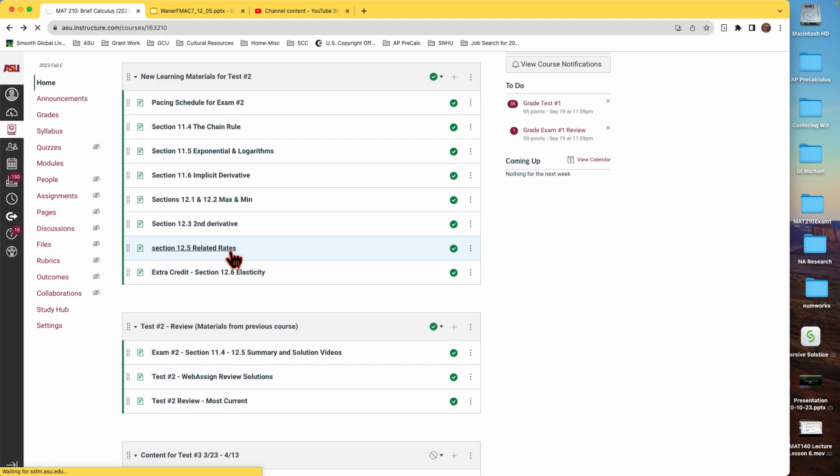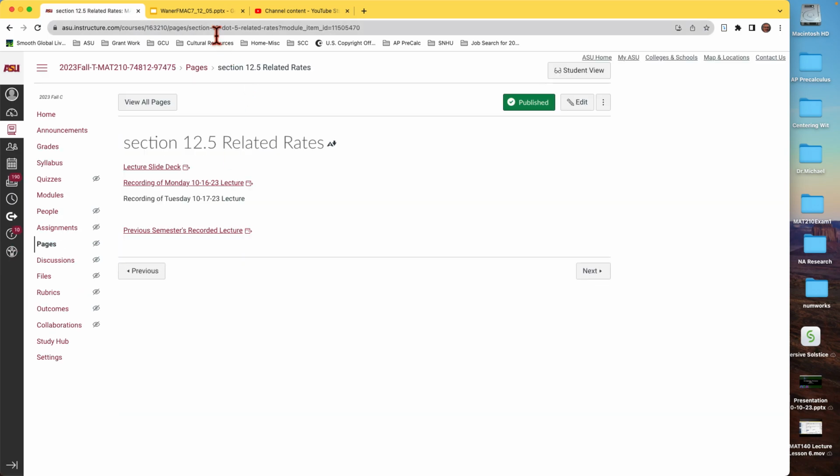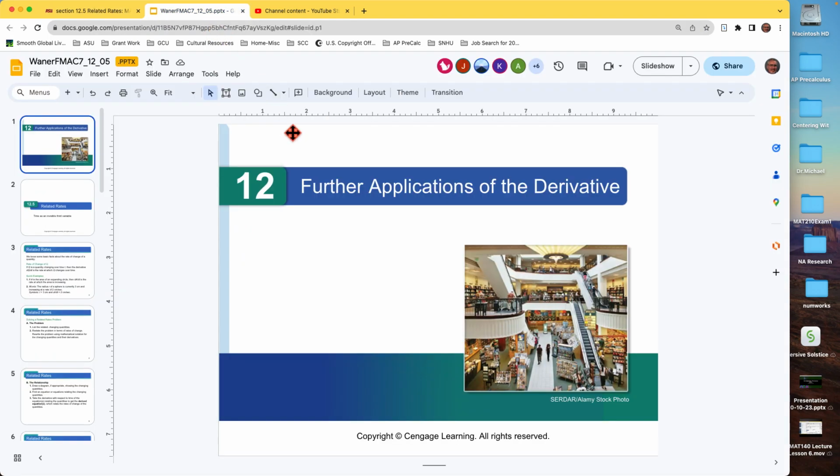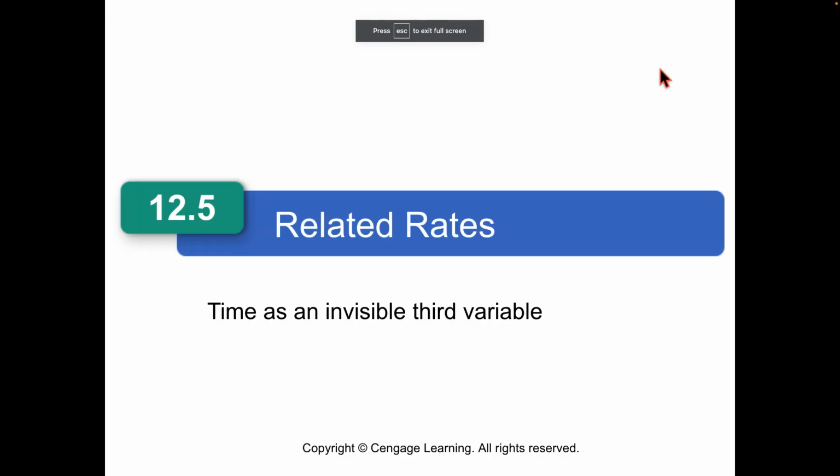But let's go ahead and get into our final section for the test. This is what's called related rates. There are two variables that are changing, but they relate to each other, thus the term related rates. We're going to be using that implicit derivative.